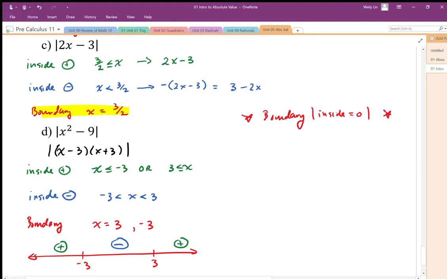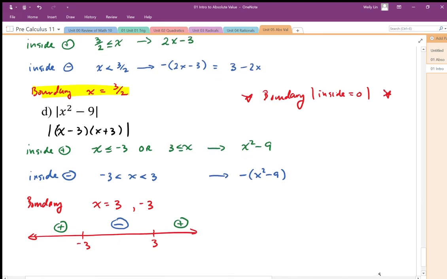If it's positive, nothing changes. We just keep the inside the same. If the inside is negative, we need to do the opposite. We need to take that negative x squared minus 9 and make it positive by putting a negative on it. So these are our two parts of our piecewise function, this piece and this piece.